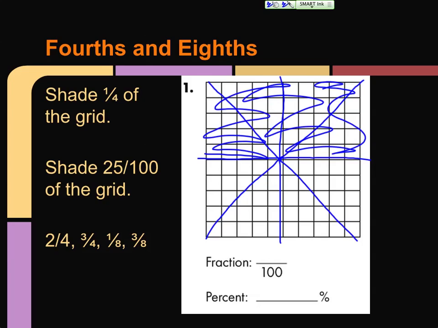The top half is 50%. And we know the bottom half is right? I think the top's too big. That's 50%. We need to add another eighth to find 5/8, because this is 4/8 up here.